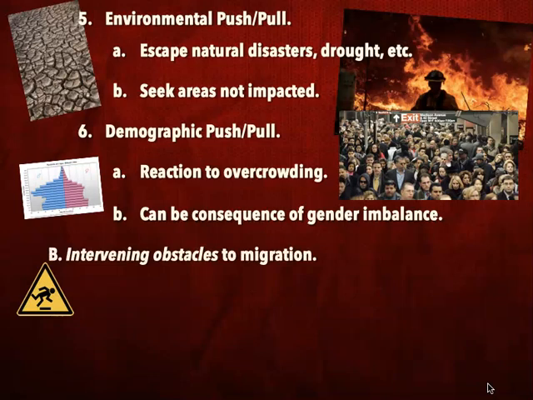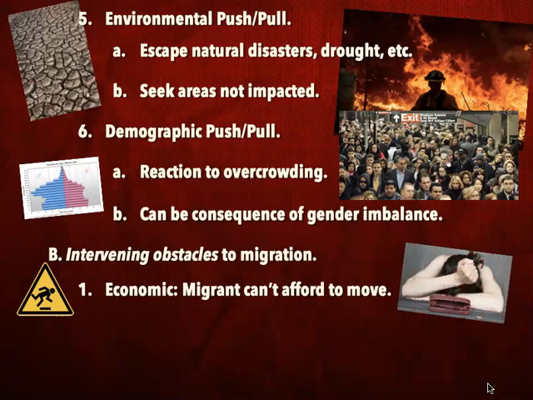All right, intervening obstacles. Topic we'll jump into here, and these are the things that get in the way of being able to migrate from one place to another. When we talk about obstacles, just think about the term itself.